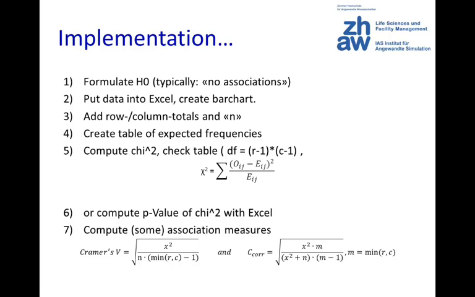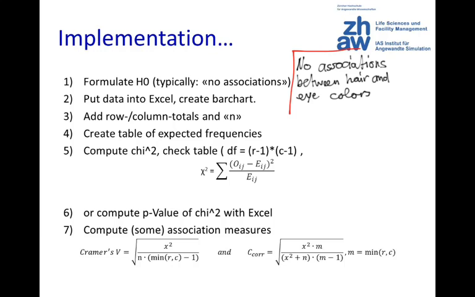I will have data with eye colors and hair colors, and I would say here, as an example, no associations between hair and eye colors. So this is our null hypothesis, and we want to typically disprove this one.